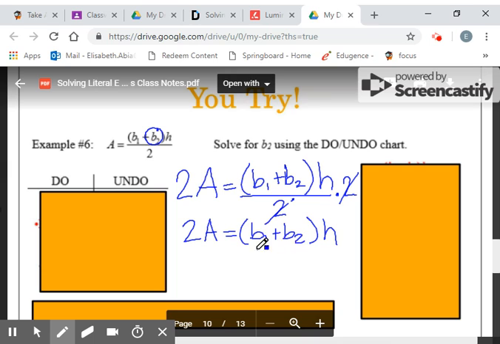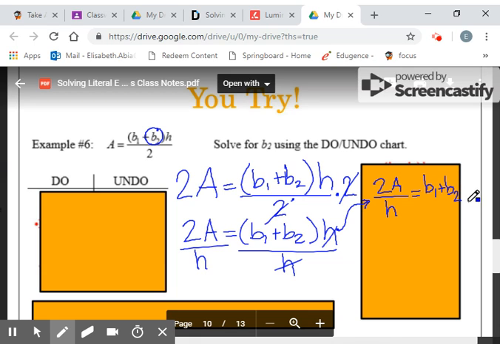We can't do anything inside of the parentheses yet because we're doing PEMDAS in reverse, so we got to work from the outside in. So let's divide by h, the height. Cancels on the right side. I'm running out of room, so I come over here. 2a divided by h equals base 1 plus base 2.